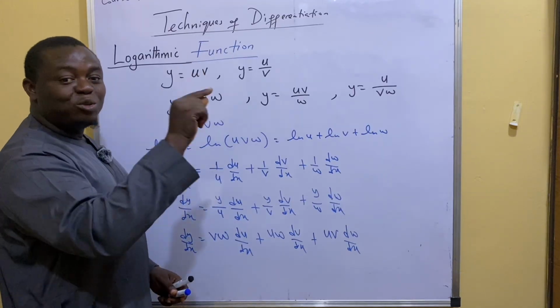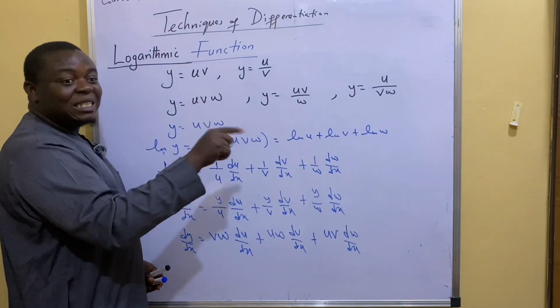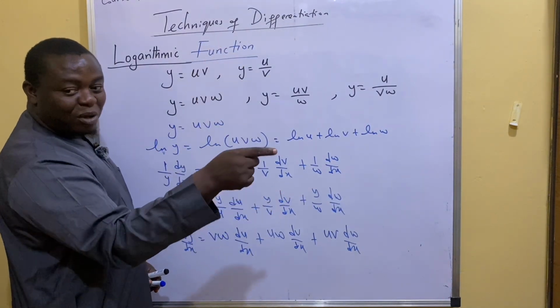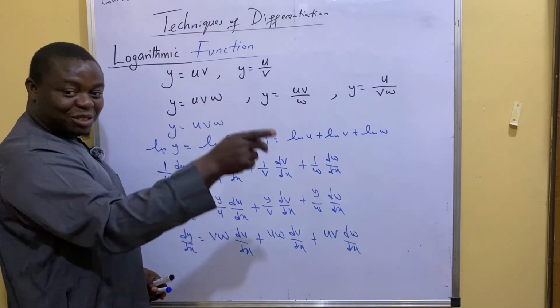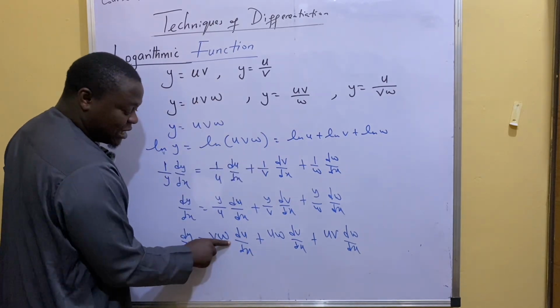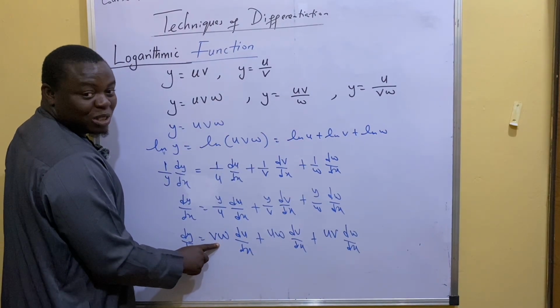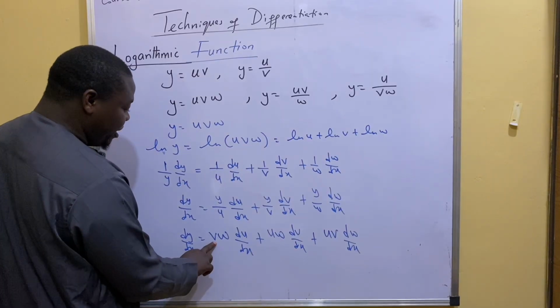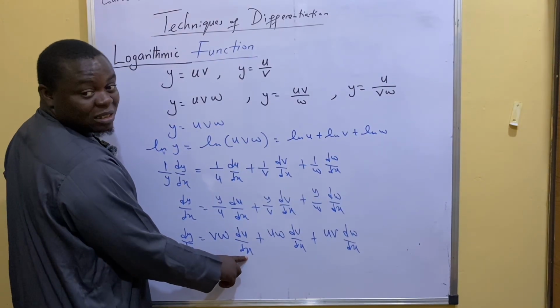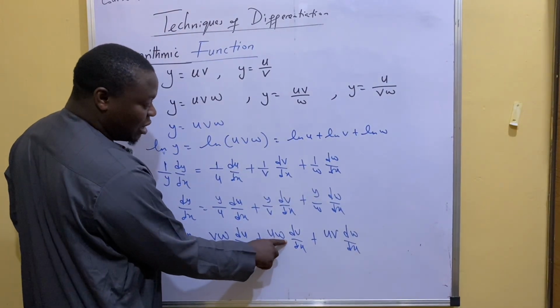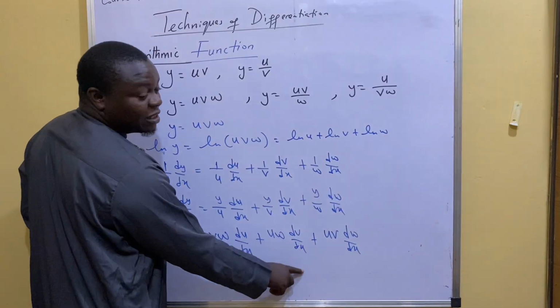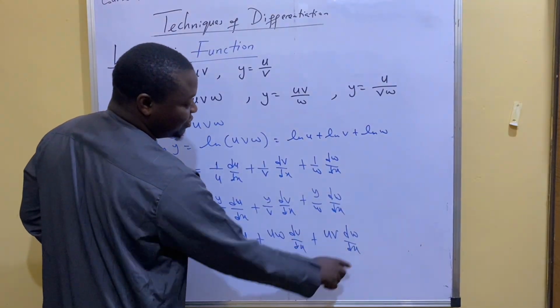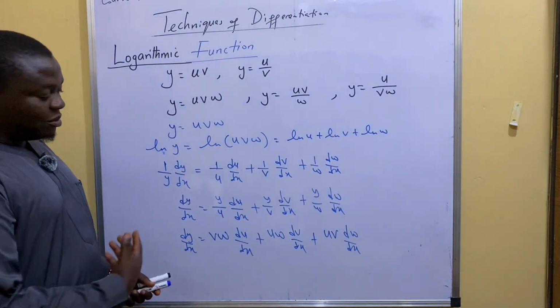Just like the product rule, you keep u and differentiate v, plus keep v and differentiate u. So whichever one you are differentiating won't be part of what you are going to keep. So we keep v and w, then differentiate u. We keep u and w, then differentiate v, and then we keep uv, then differentiate w. Okay, so that's it.